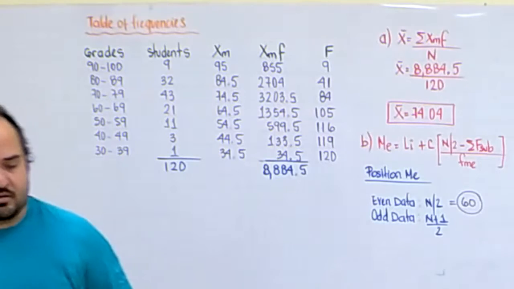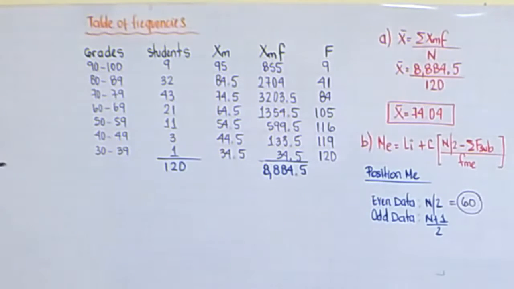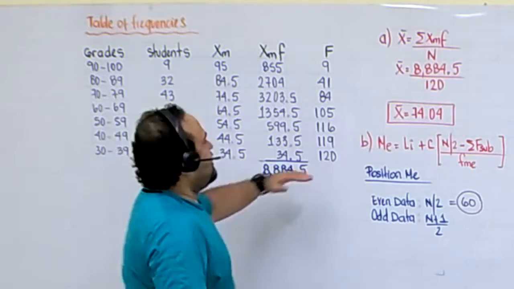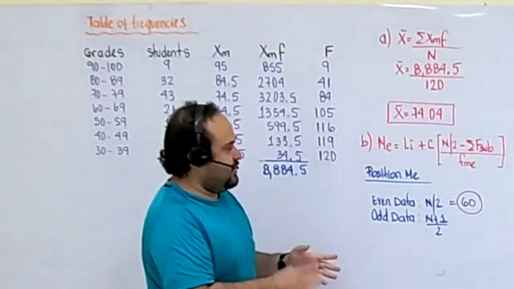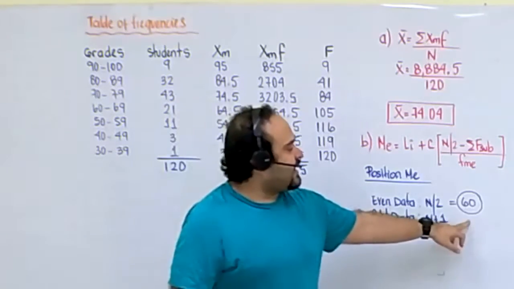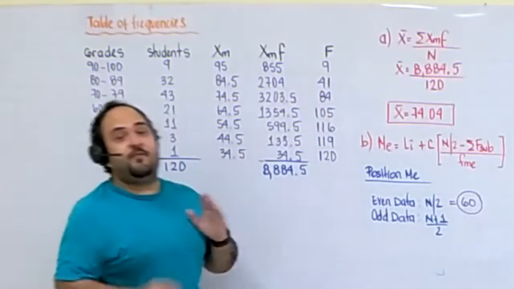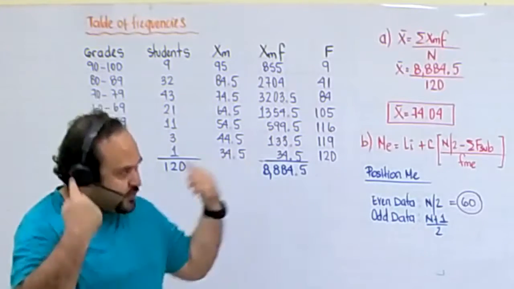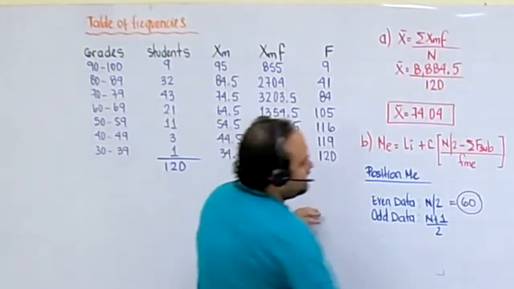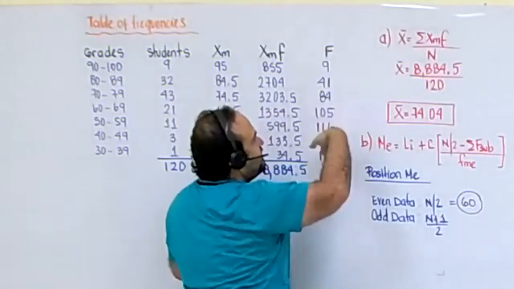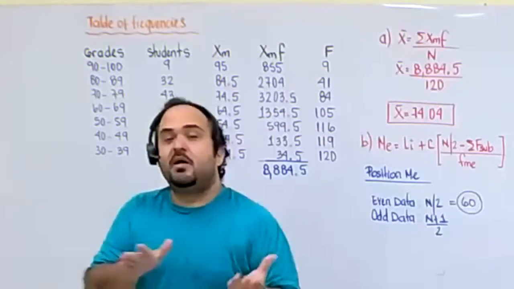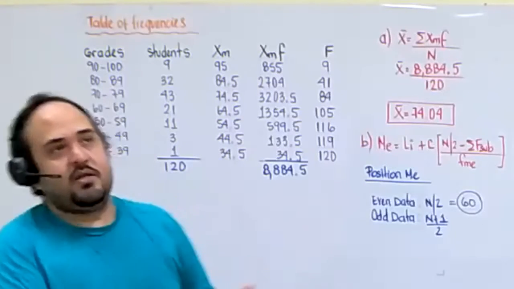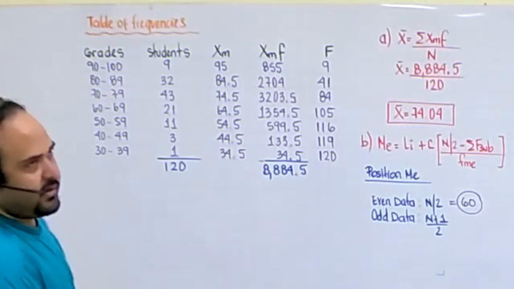And I'm going to look for this position using the accumulated frequency. If we are so lucky to obtain this exact value in the accumulated frequency, you don't need to perform this formula. Why? Because the median always, without exception, will be the superior limit.